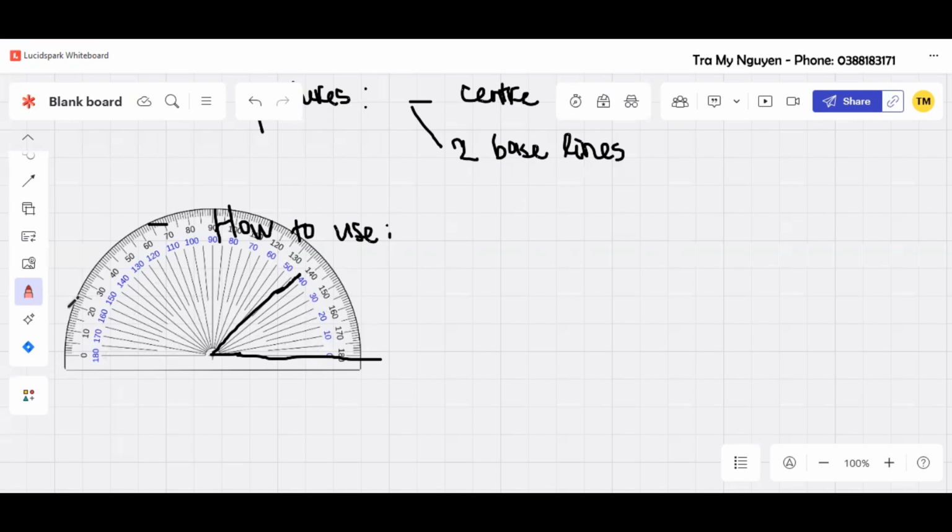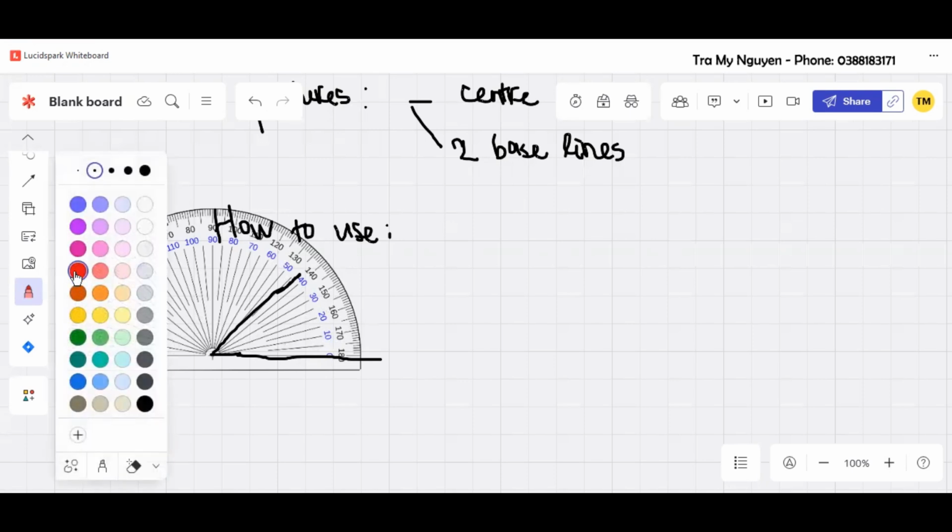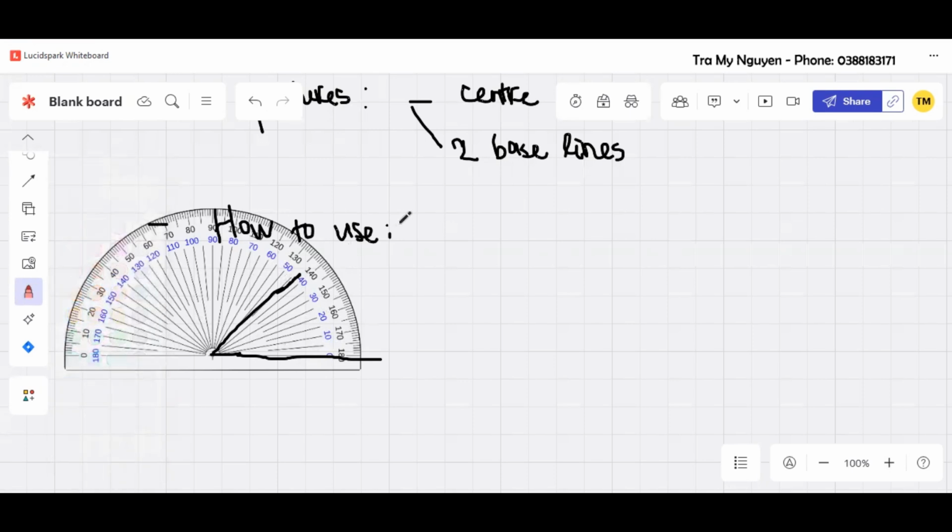All right, so let's see. To help you realize it better, I will lengthen the arm here. Based on the arm, you can easily get the measure of this angle, right? Let me see.